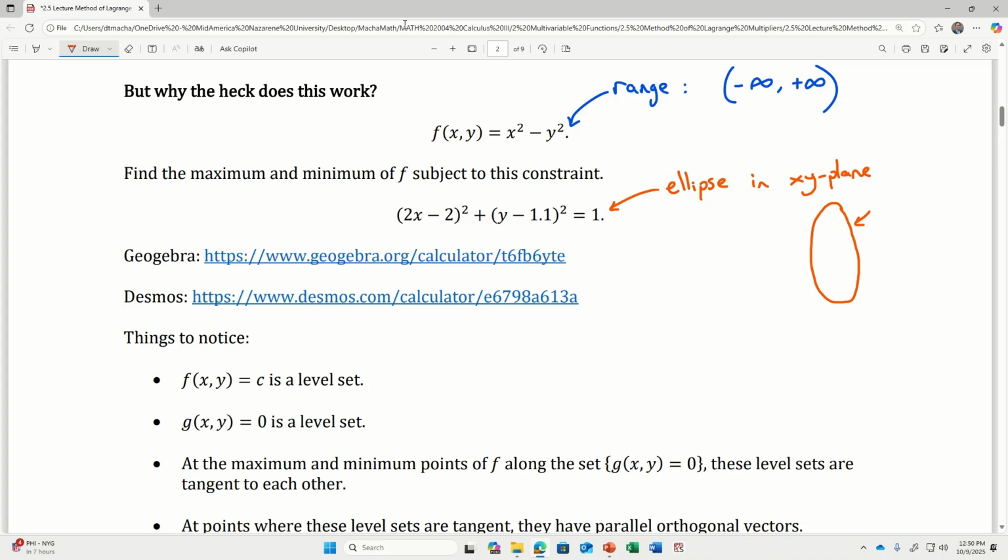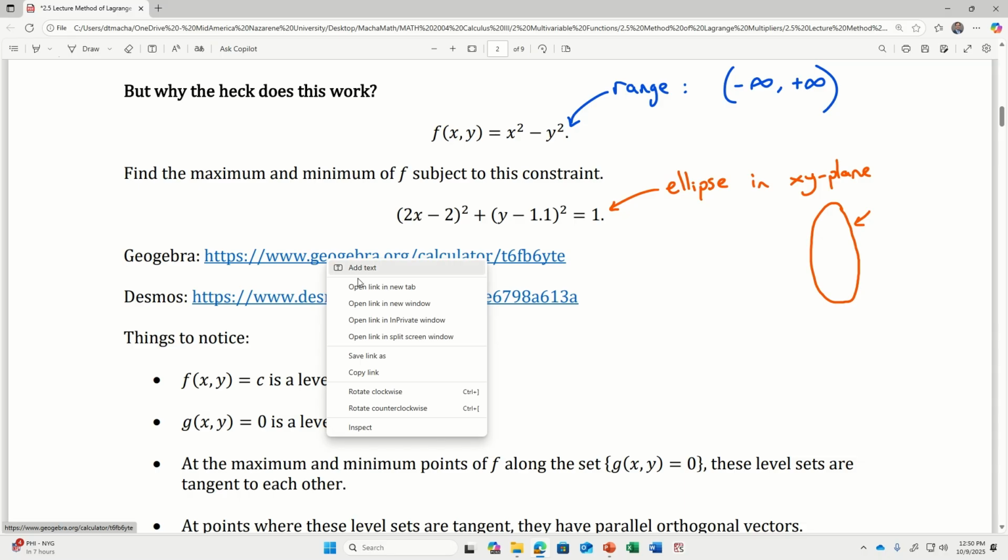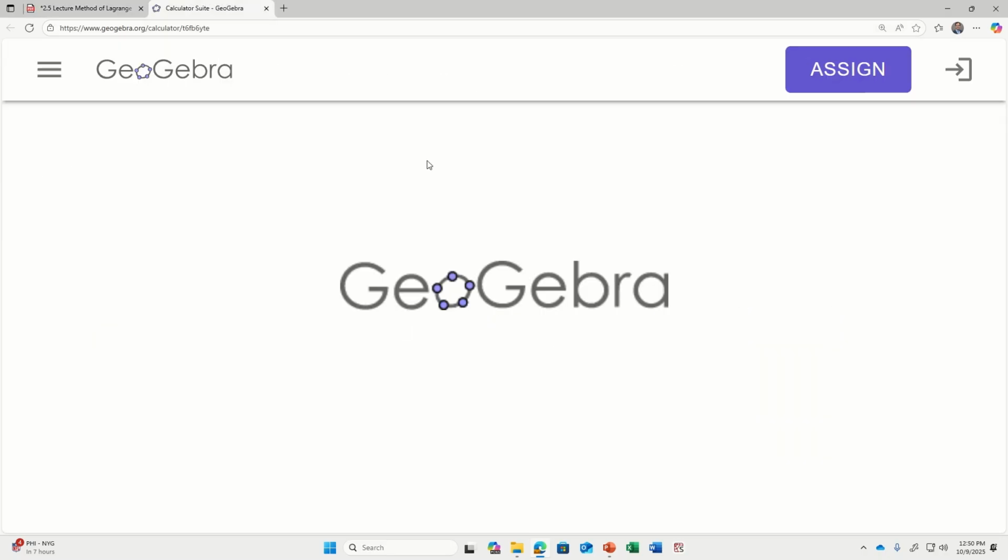So let's cross our fingers and hope that this link works. Please, GeoGebra. Please.